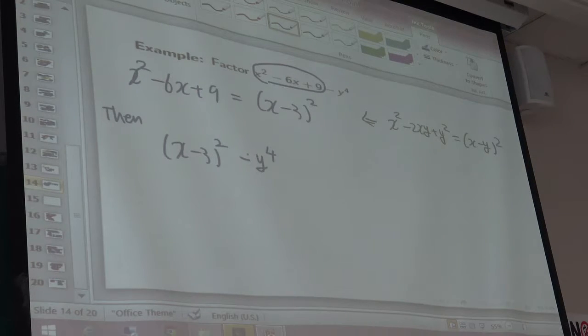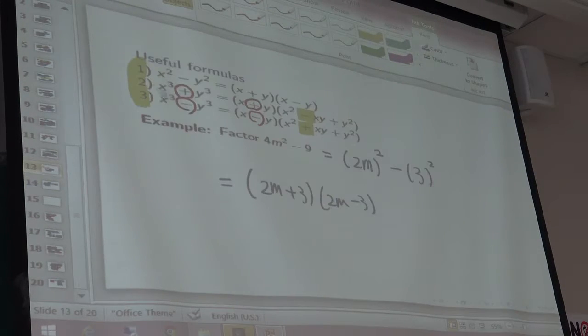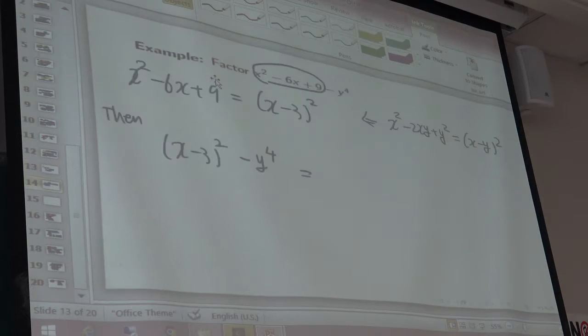Something squared minus something to the 4th power, but we never discussed the 4th power. We only have a square, or the cubic. So instead of doing this, let's change the format as x minus 3 squared minus y squared in the square.